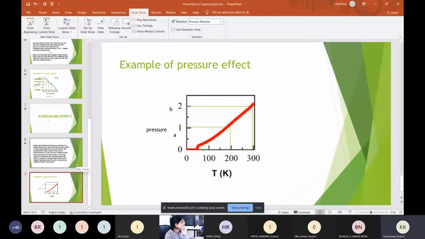In the textbook, it's written: increase in pressure, increase in the transition temperature. It goes up. Correct. Probably it goes up. I'll go through some examples and then convey the exact thing.